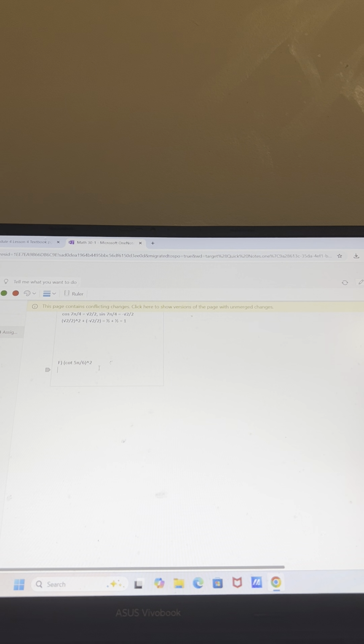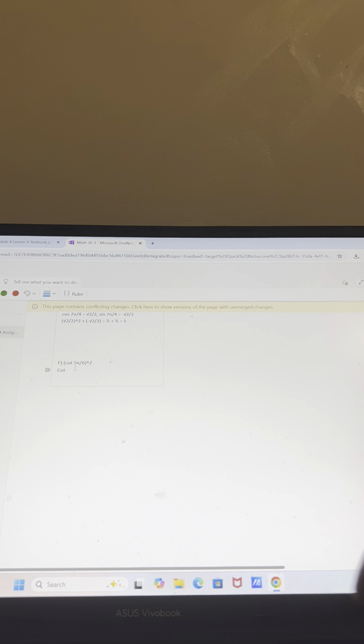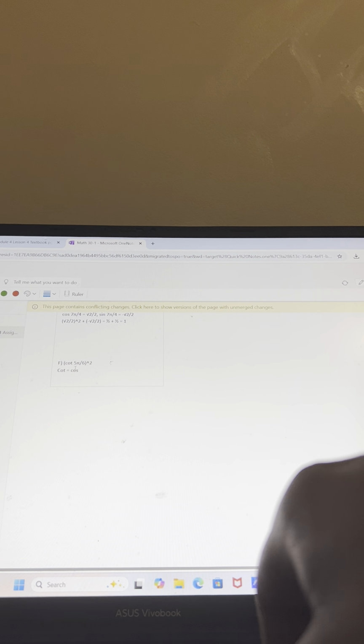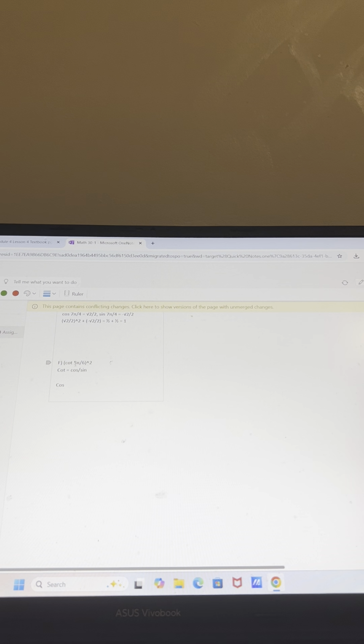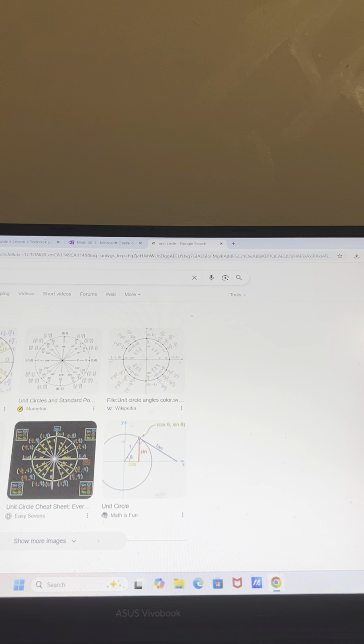And finally, F. F is cotangent of 5 pi over 6, squared. Cotangent is going to be equal to cosine divided by sine. So cosine of 5 pi over 6 is equal to, what was it again?